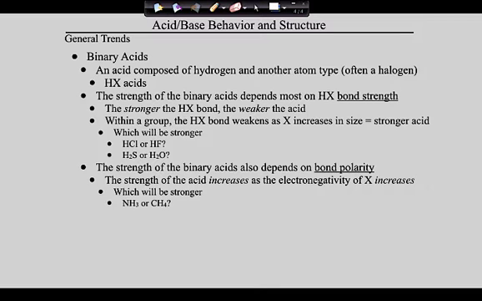We haven't directly said this, but we should talk about it. When we say something is an acid or a base, it's always assuming a comparison to water. We think of things as acids if they give away hydrogen to water, and bases if they take in hydrogens from water.